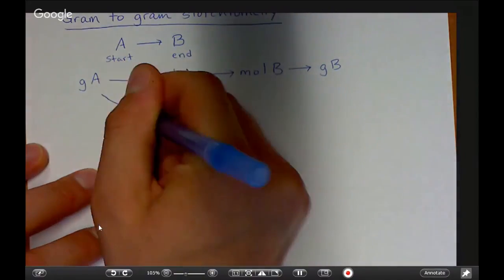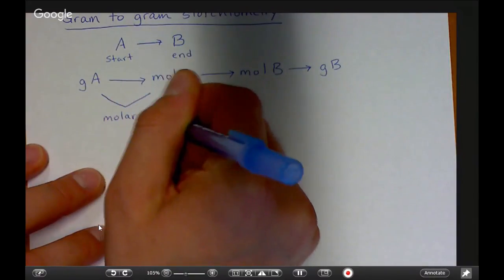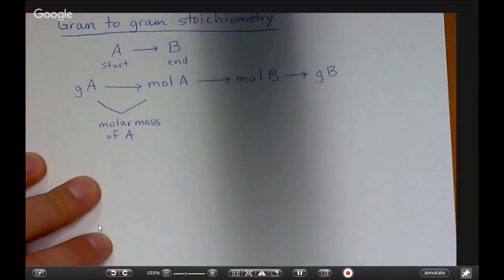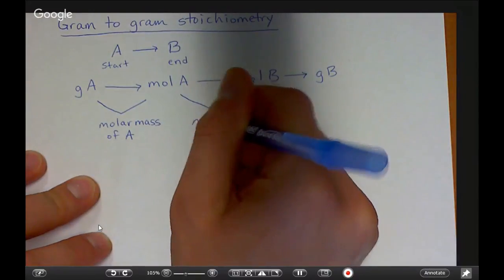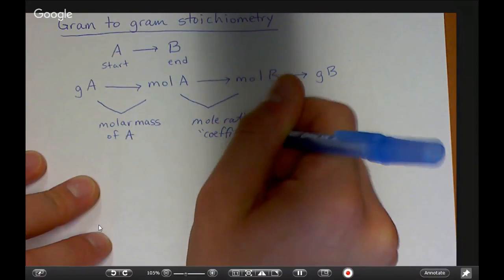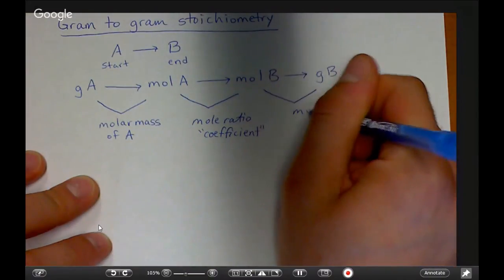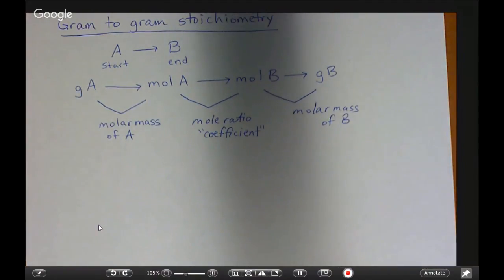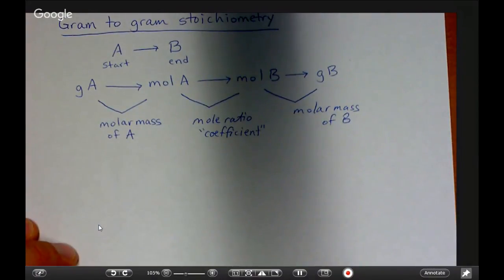Going further, we know that we can find moles of A by utilizing the molar mass of A, which comes from the periodic table. We can change to moles of B by using the mole ratio or coefficient ratio. And then we can go to grams of B from moles of B using the molar mass of B. Okay, so this would be our thought process, and this is going to play out in the calculation that we're about to see as an example.